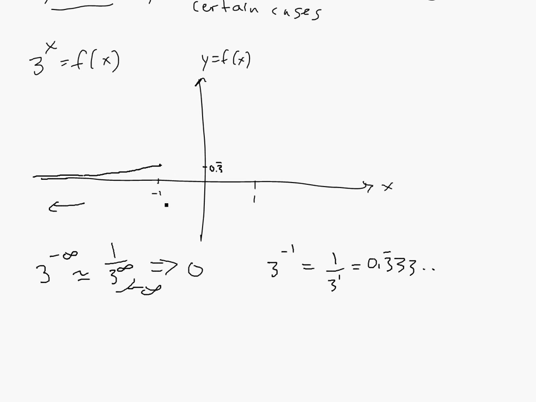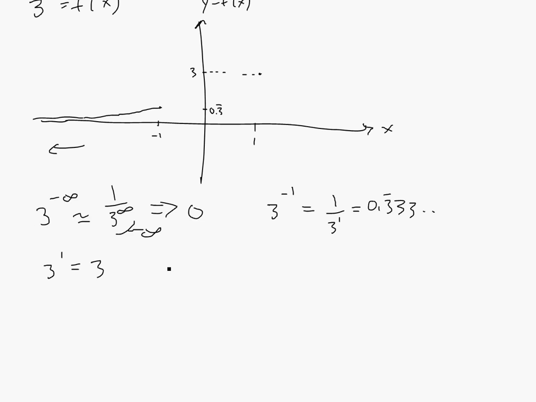This is the tricky part in between here, but at 1, 3 to the 1 just equals 3. That's just how the definition is. So then this would just be 3. And then at positive infinity, you'll have 3 to the infinity, which again approaches infinity, but at a fast rate.